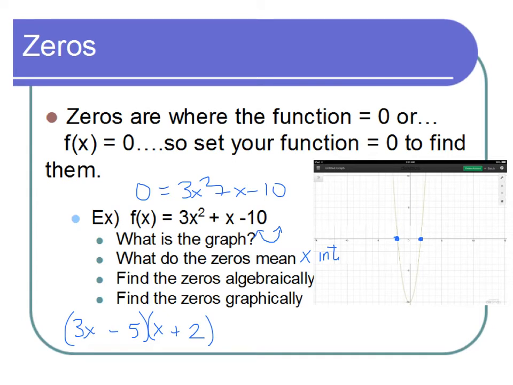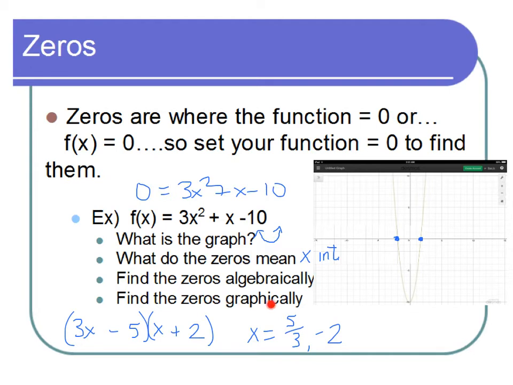Okay, so when I set those each equal to 0, my x-intercepts or my zeros end up being 5/3 and negative 2. Now you can't see that very well on my graph, but again, you're going to be doing this in your own calculator so that you can see that better. Okay, so we found the zeros algebraically.